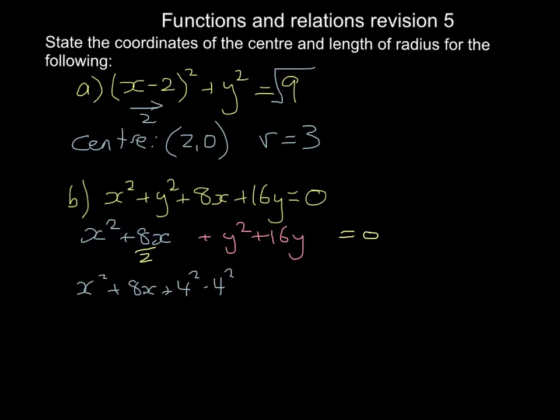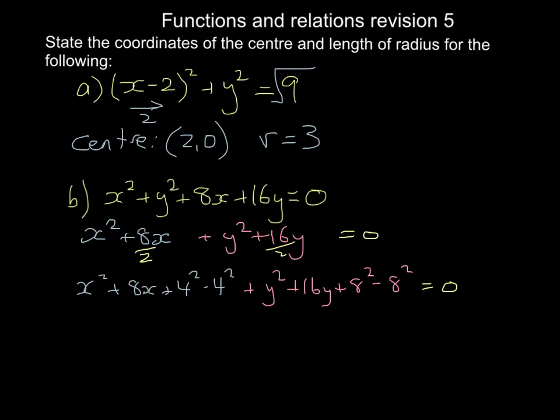Doesn't matter which way you do it. Plus y squared plus 16y, and again we get the y coefficient, we divide that by 2. 16 divided by 2 is 8, so we go plus 8 squared, take away 8 squared, and this will be equal to 0.